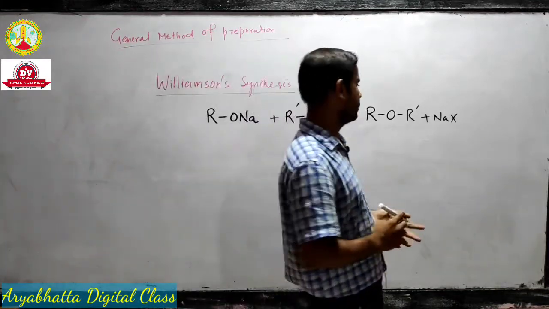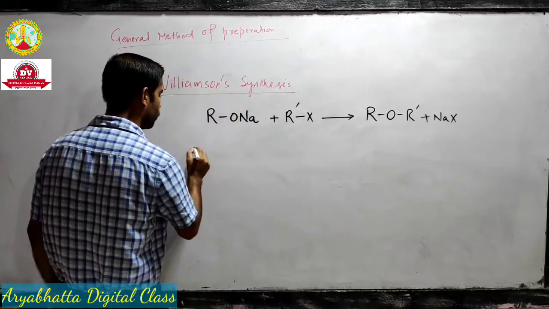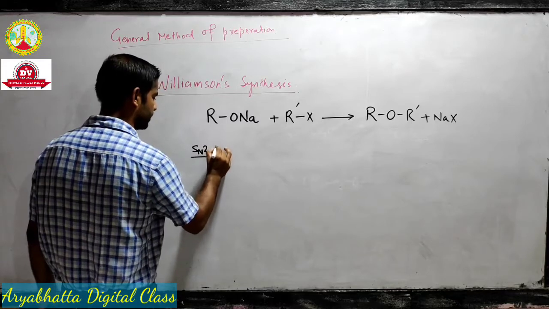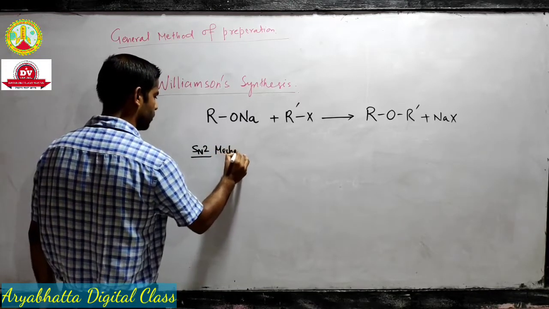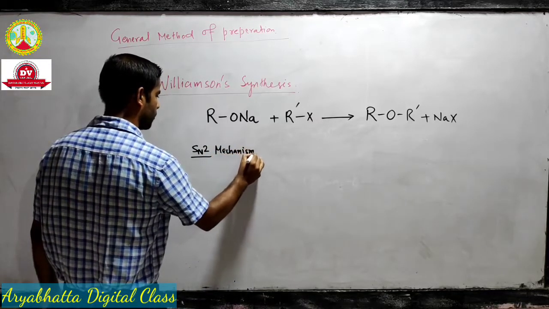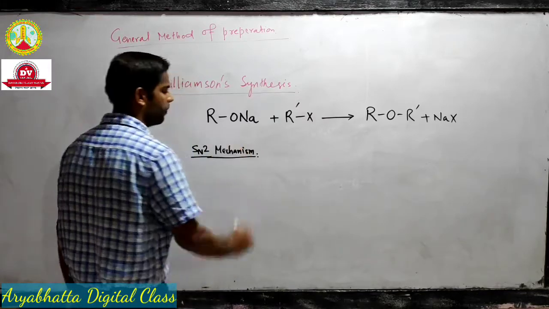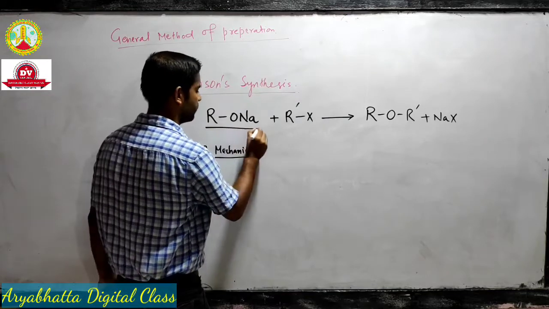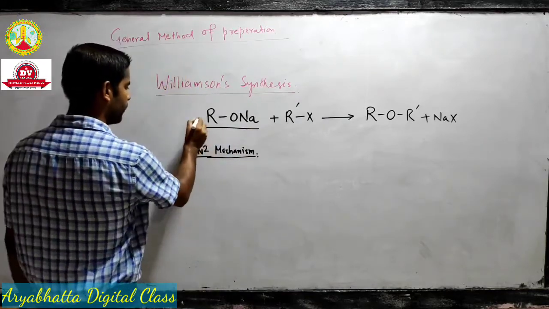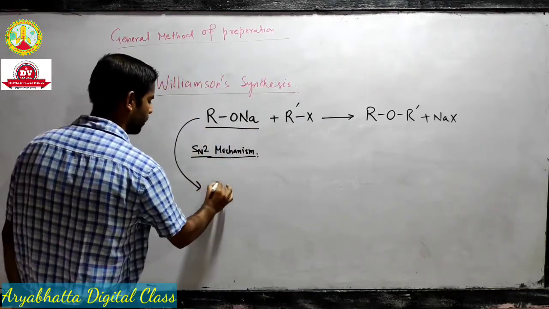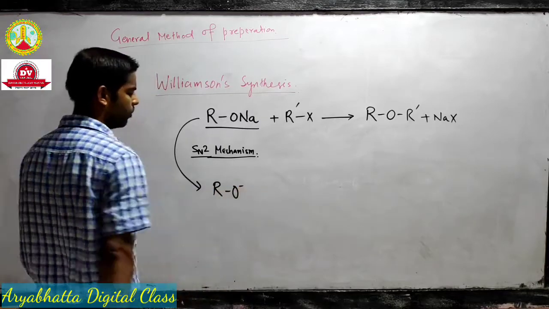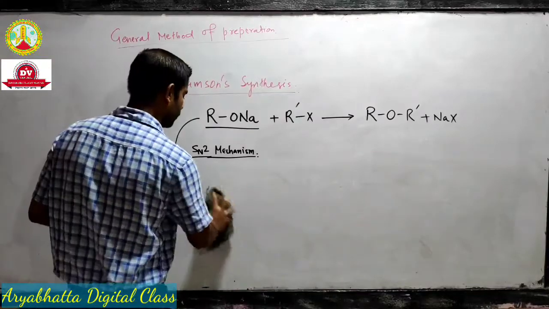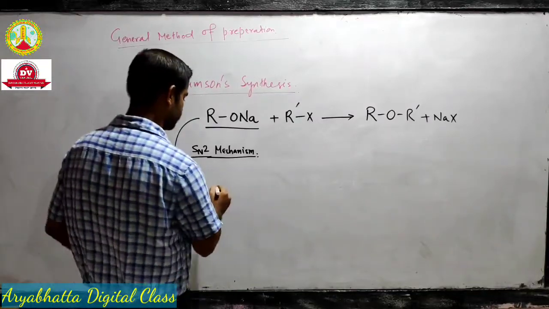Now this reaction follows the SN2 mechanism. That means what will happen? This part will give us a nucleophile, RO negative, or I can write it like this. It will look better if I write it like this.